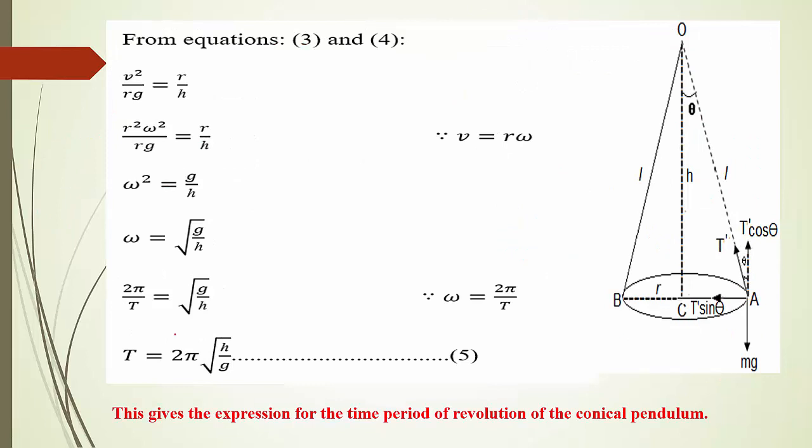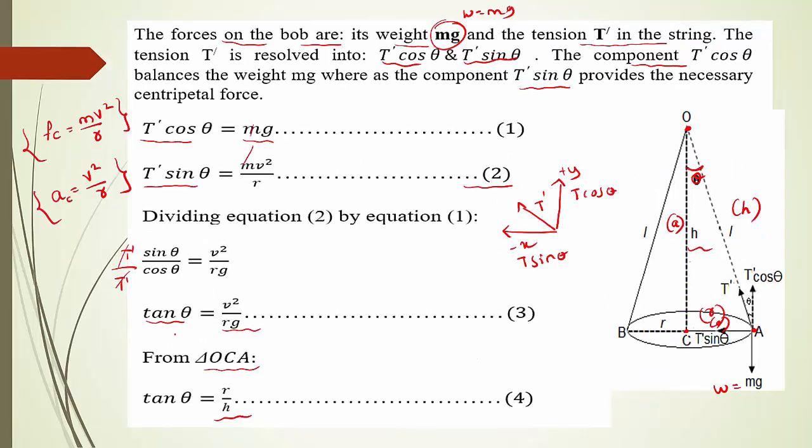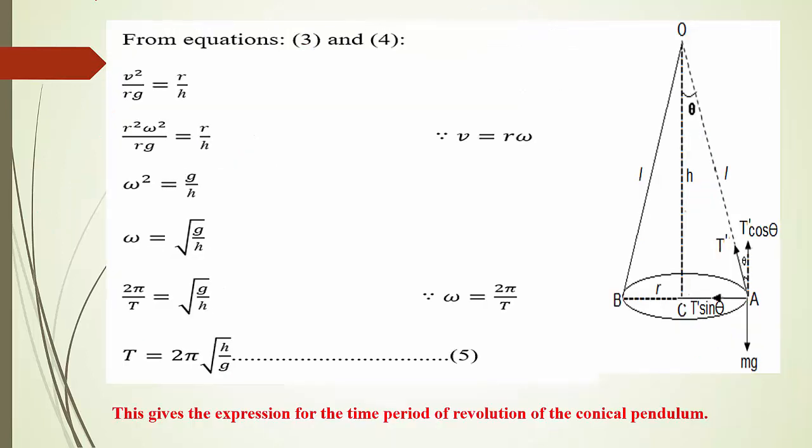From equation 3 and 4, you can observe tan theta equal to v square by Rg, and tan theta equal to R by H. Their LHS is the same, tan theta and tan theta. So from equation 3 and 4, the RHS gives v square divided by Rg equal to R by H. Or we can write it as R square omega square divided by Rg equal to R by H, because v equal to R omega, so v square equal to R square omega square.